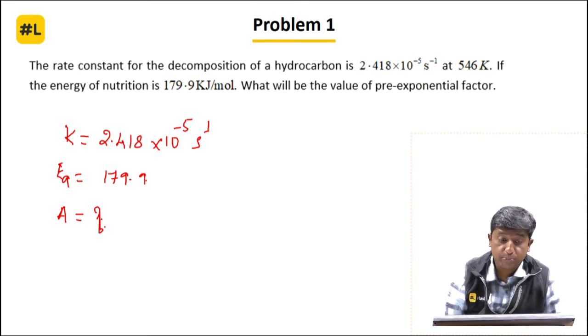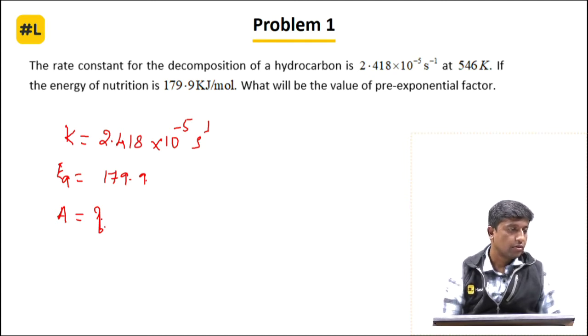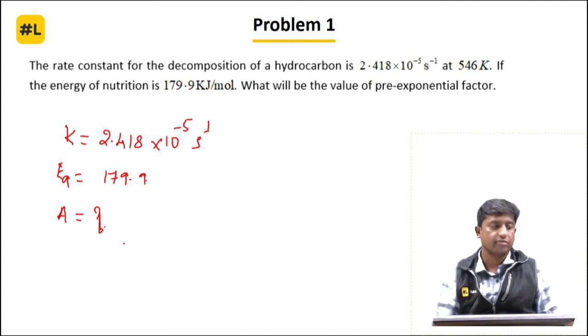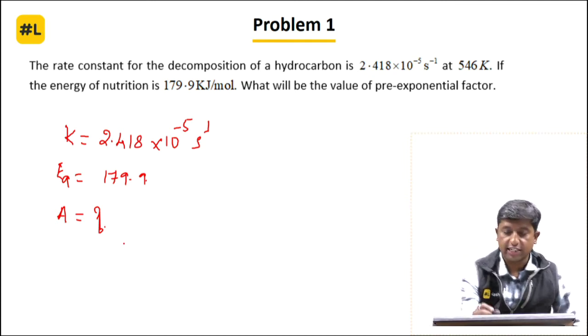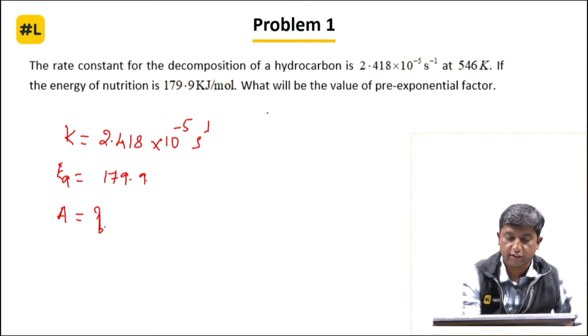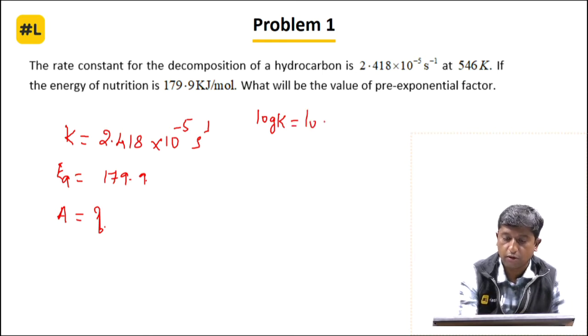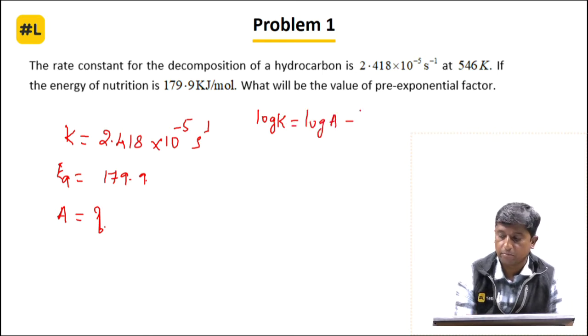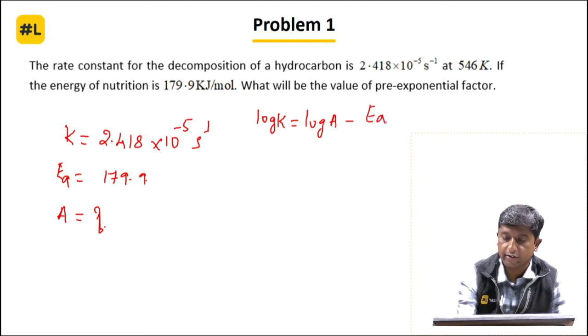You should know which particular equation is used. There are different forms of the Arrhenius equation. The equation required to solve this problem is log of k equal to log of A minus EA divided by 2.303 RT.